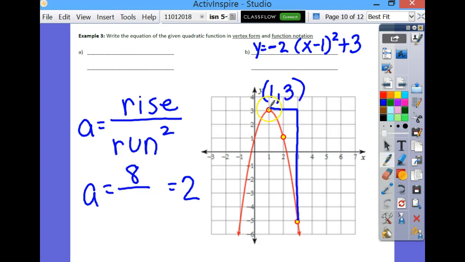The run here would be 2. What's 2 squared? 4. What's 8 divided by 4? So we get the same answer as long as we remember to count all the way back to the vertex. So in function notation, this is what it would look like.